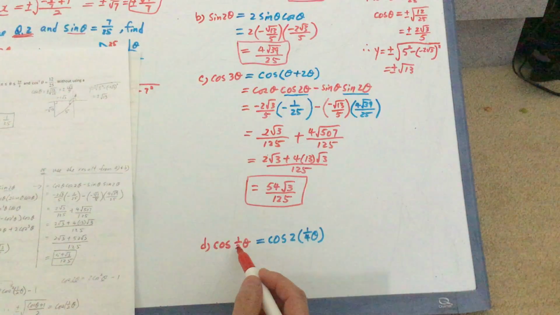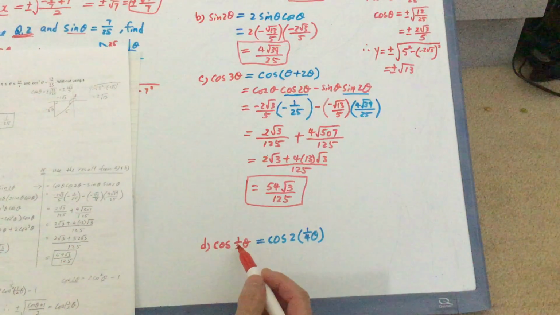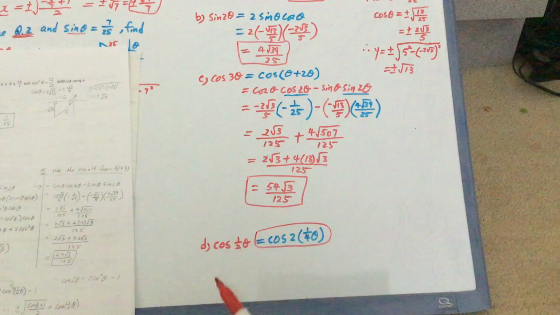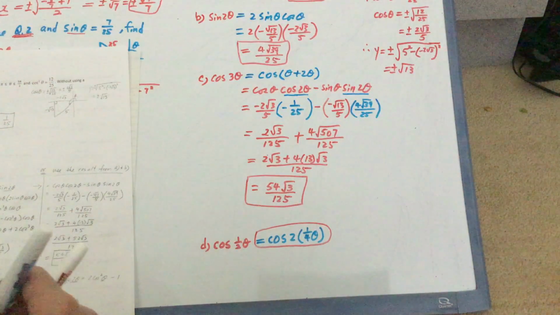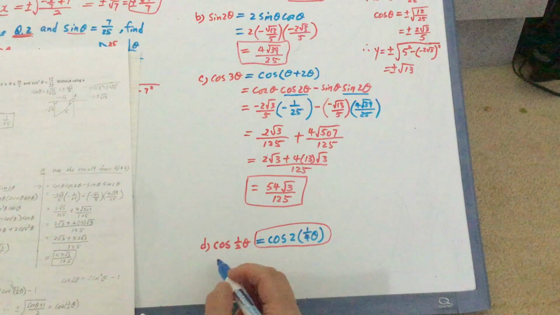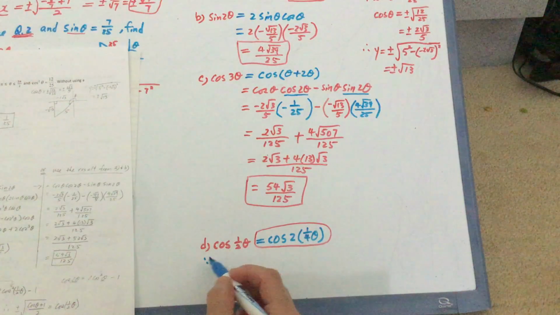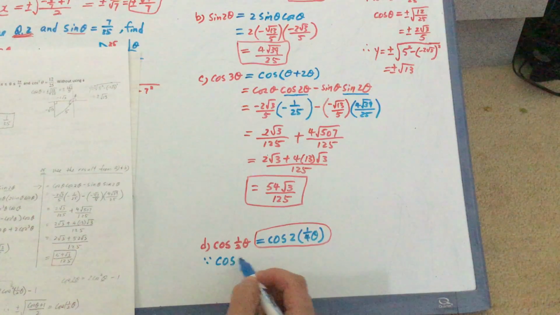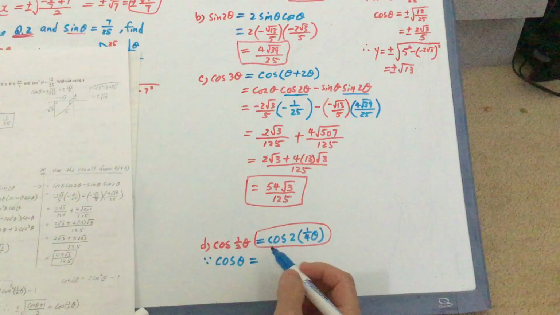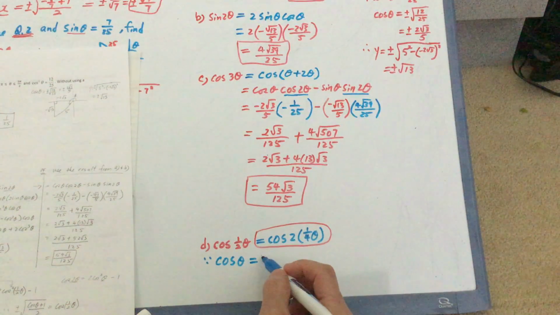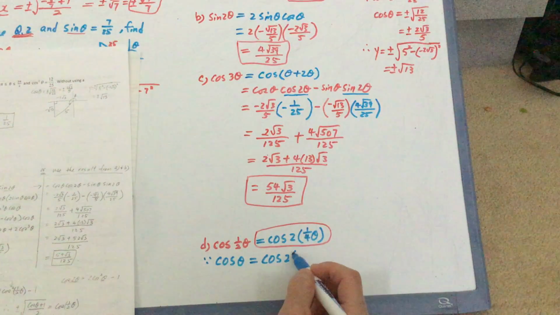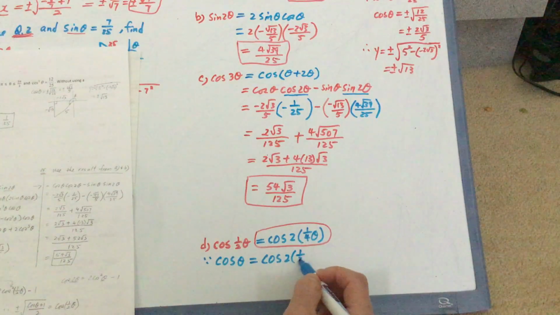If I'm solving for this one here, instead of that, I will be using cos theta, which is going to be equal to cos of 2 times half theta.